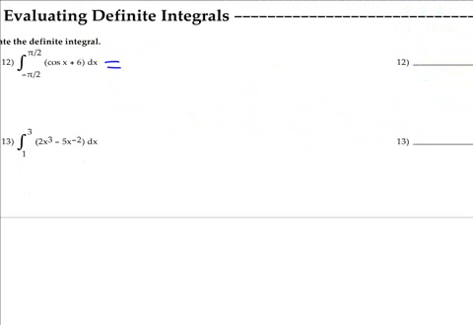Here we go. Let's do some integration. What's the antiderivative of cosine? Sine x. What's the antiderivative of 6? 6x. And we're going from negative pi over 2 to positive pi over 2. So we're going to plug this in. Sine of pi over 2 is 1.